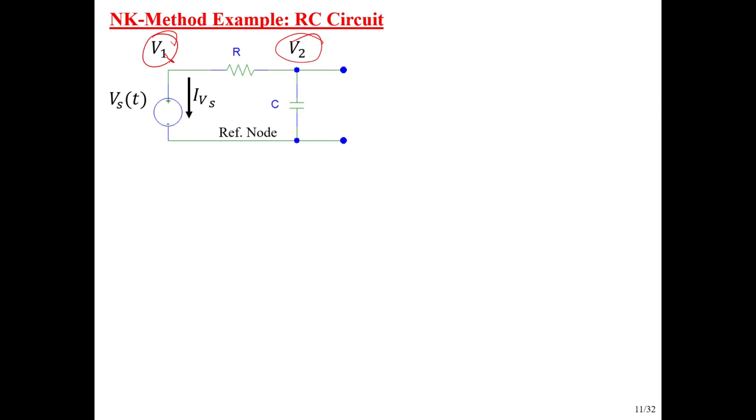So V1 is the voltage from this node to the reference node, and V2 is from this node to the reference node. That's what we mean by those voltages. Remember, voltages are always from one point to another, and if you start saying the voltage at a point, it's always with respect to some perhaps unnamed but obvious and assumed reference node.